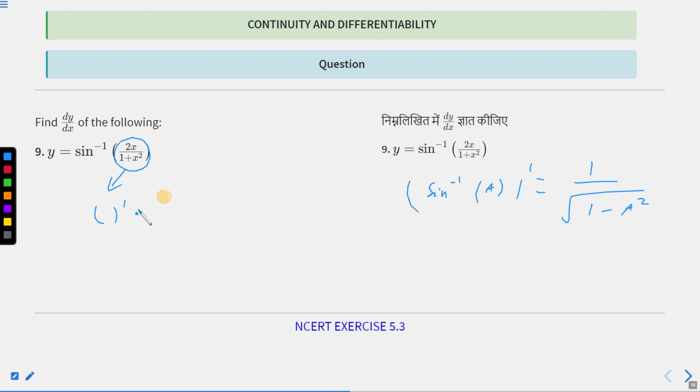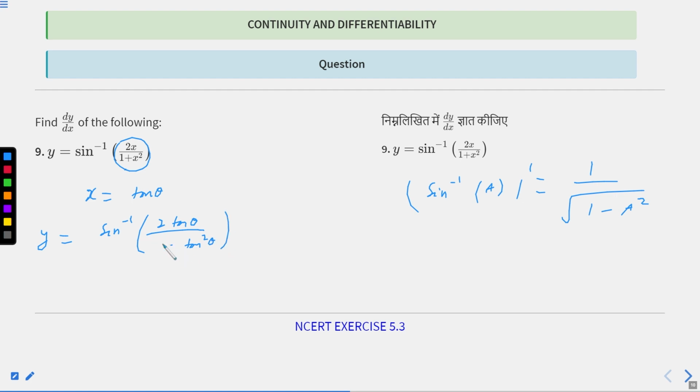But let me show you how we use the substitution method. What can you think of? If you put x equals tan theta, then y will be sine inverse of 2 tan theta divided by 1 plus tan square theta.